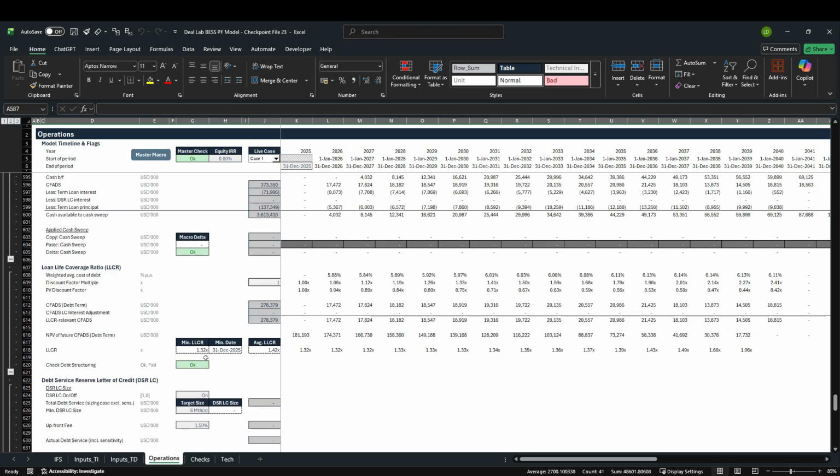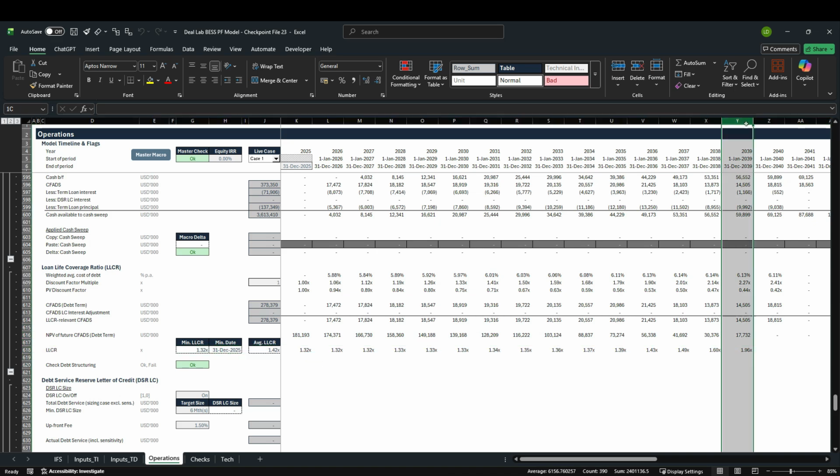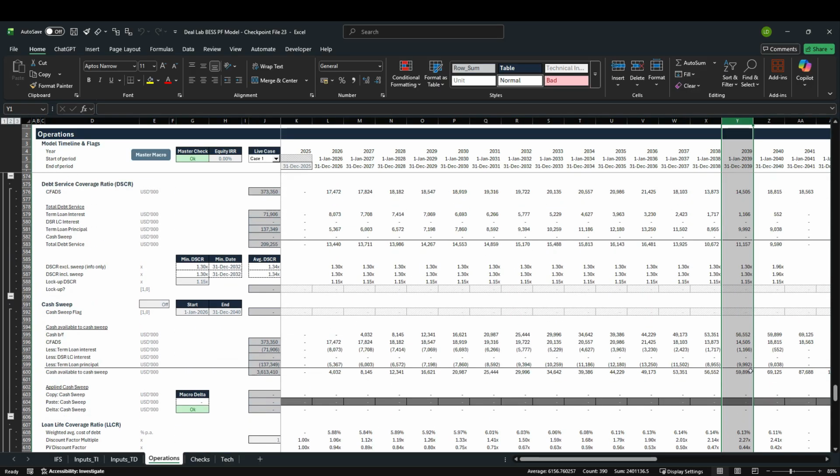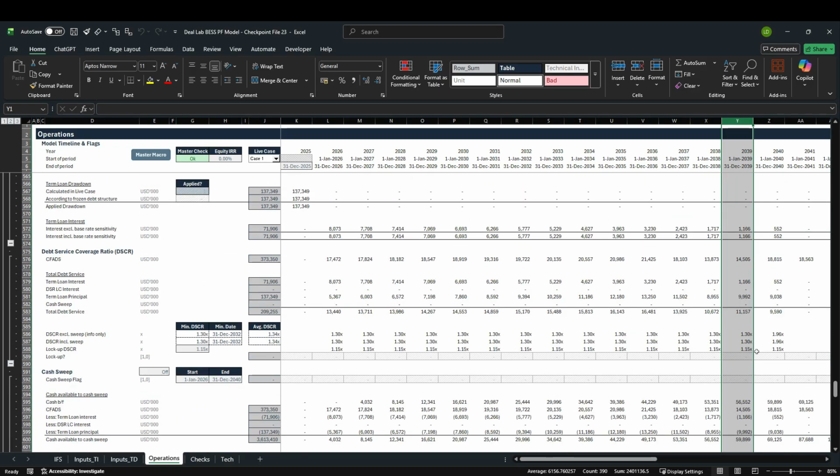And let's see what our LLCR does. Our LLCR starts off very similar to our DSCR at around 1.3 and then naturally gravitates toward a 1.96, which you will notice is our end of period DSCR, our actual DSCR.